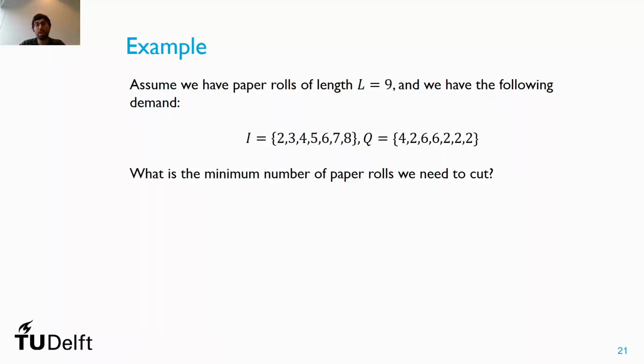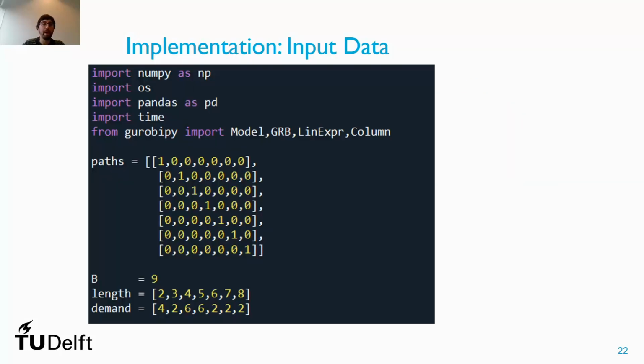So the question we are asking ourselves is, what is the minimum number of paper rolls we need to cut? And this is how we can set up the problem. In this case, it's Python via Gurobi. Let me activate the laser pointer. These are the original paths I'm using to feed the original RMP. So each row, let me describe what each path entails.